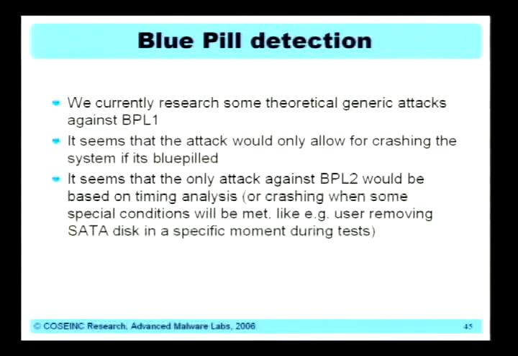So we run the detector, and we say to the user, watch for the system. If you see a blue screen, then it means that you had a Blue Pill, right? This sounds very impractical to me, but this is a theoretical way to detect it. We haven't implemented it yet, but we'll probably do this. It's a brute force attack.